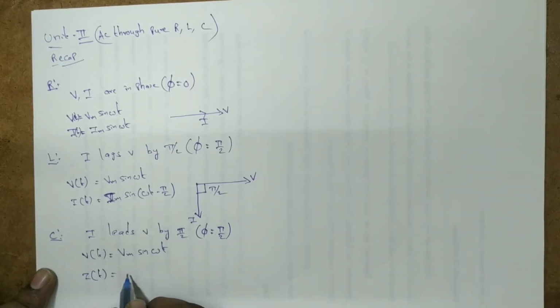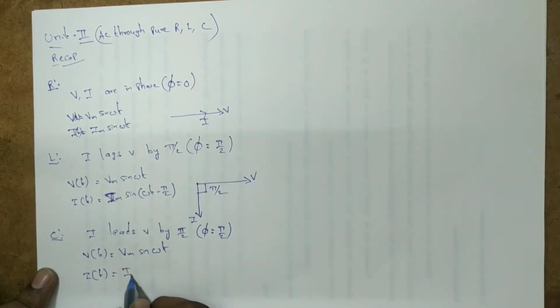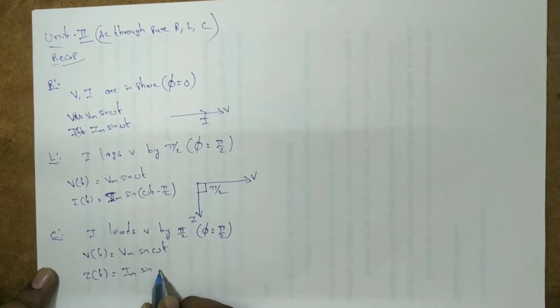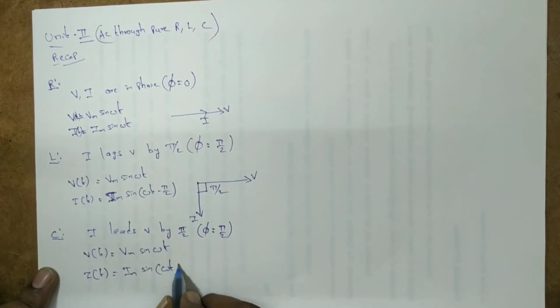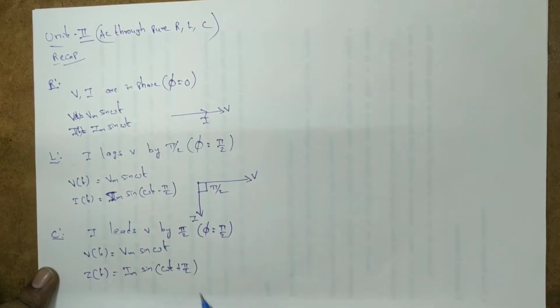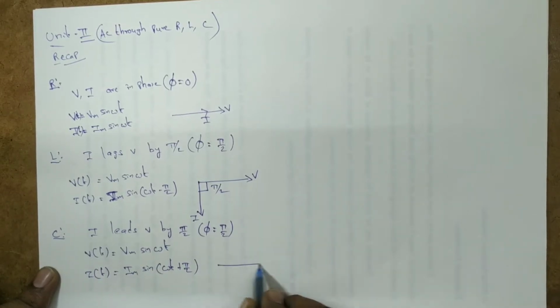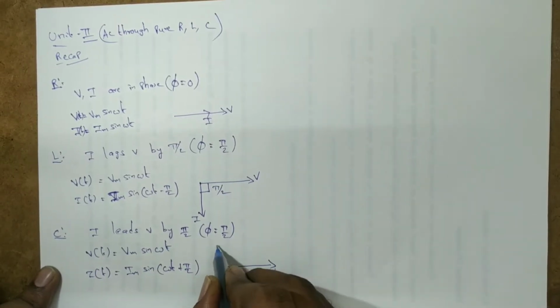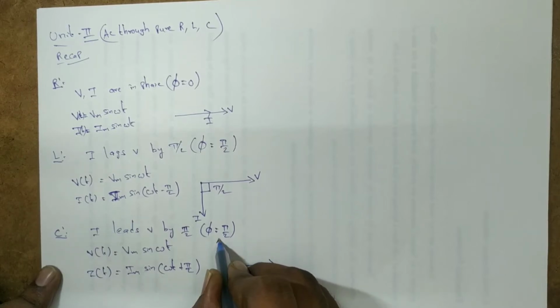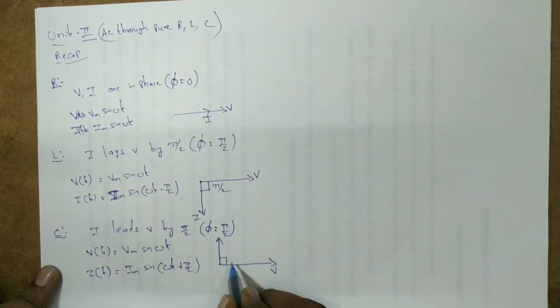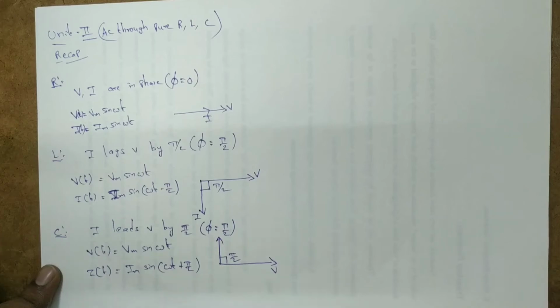Here plus pi by 2 indicates leading. Coming to the phasor diagram, voltage will be the reference. Leading means we should move in the counterclockwise direction, so the angle is pi by 2.